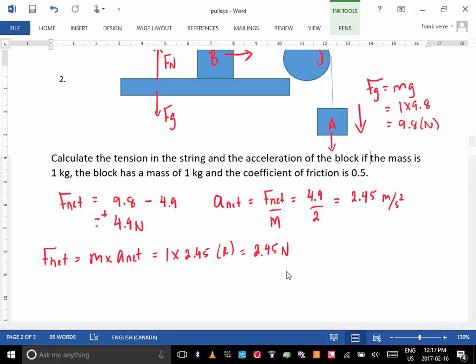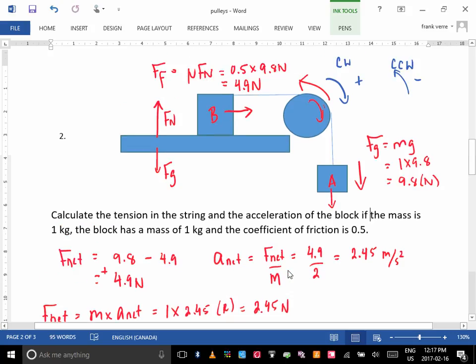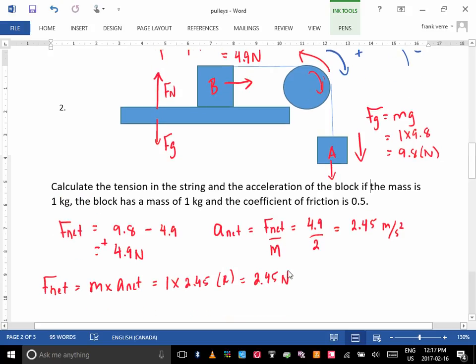What are the forces acting on block B though? We have tension. Which way is the string going to pull, right or left? It pulls right. And then we have friction in the opposite direction.